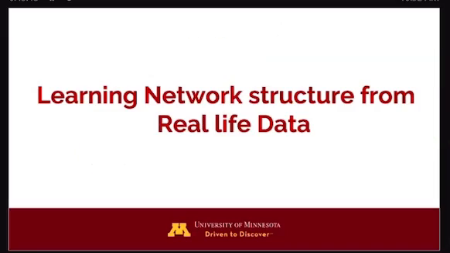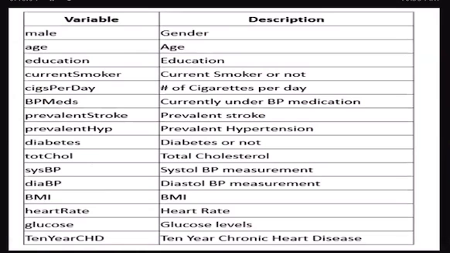But I quickly want to show you a real life data set. Imagine a group in this class working on a Bayesian network, and you have a real data set. Pay attention now, okay? Take a look at this. Let's say you're working with this data set. These are the features.